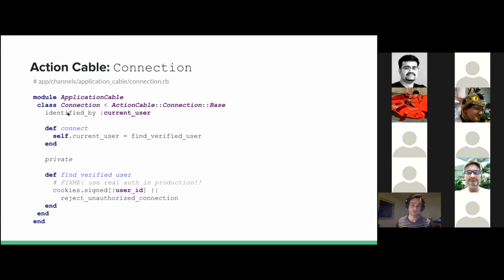It's a great place to do some initial authentication. So this connect callback here will check that the user that you're logged in as should actually be able to access this particular channel. And I've just put a note here to probably do some real authentication if you're going to use this in production.